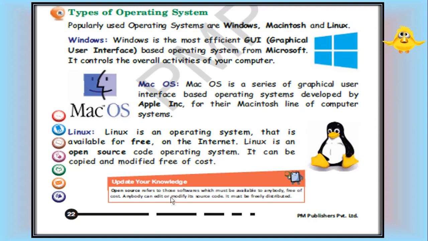It controls the overall activities of your computer. Macintosh operating system. Mac operating system is a series of graphical user interface based operating systems developed by Apple Incorporation for their Macintosh line of computer systems.